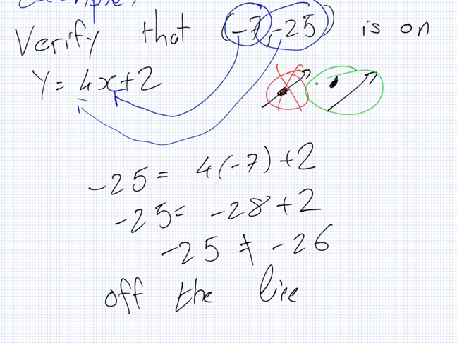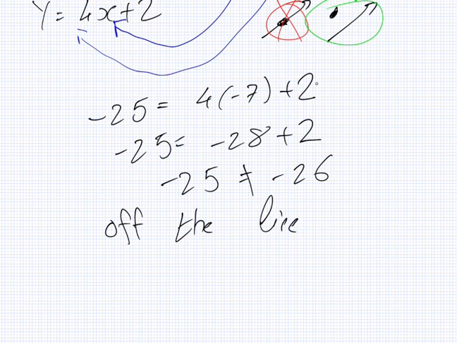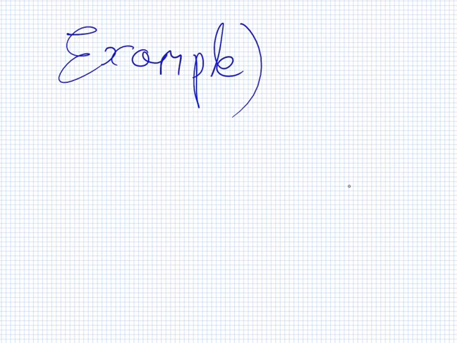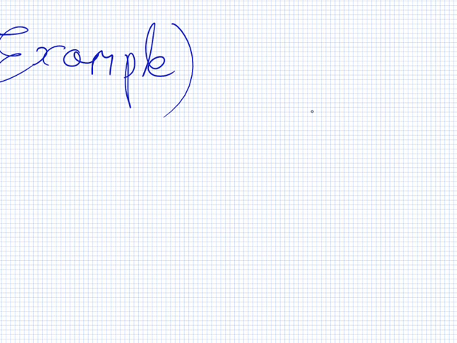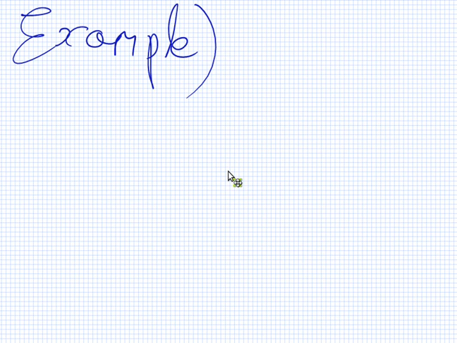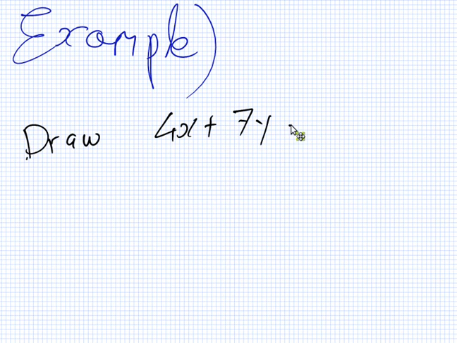Okay, next example. Draw. So, after 45 minutes, we're about ready to draw our first line.